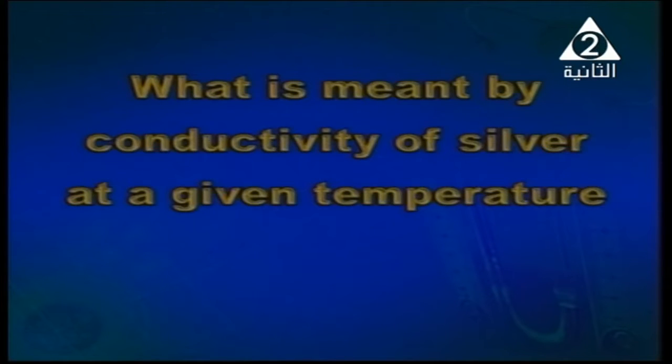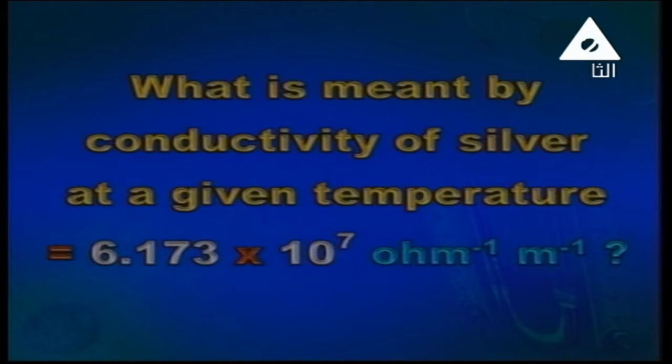And now we've got another question: what's meant by the conductivity of silver at a given temperature being equal to 6.173 times 10 to the power of 7 ohm negative 1 meter negative 1? It's all easy. All you have to do is convert it into resistivity.